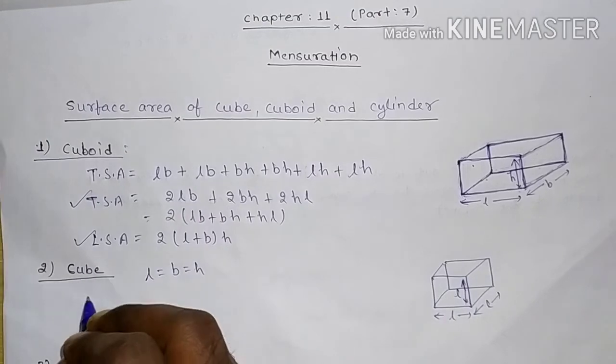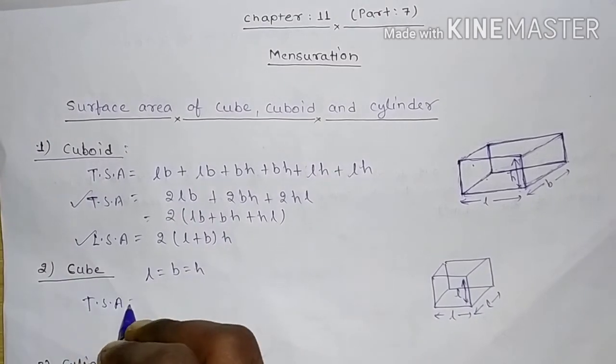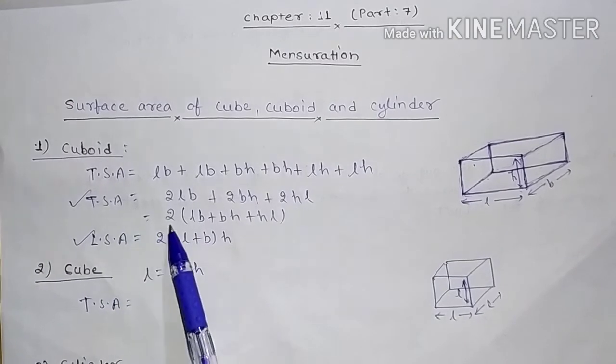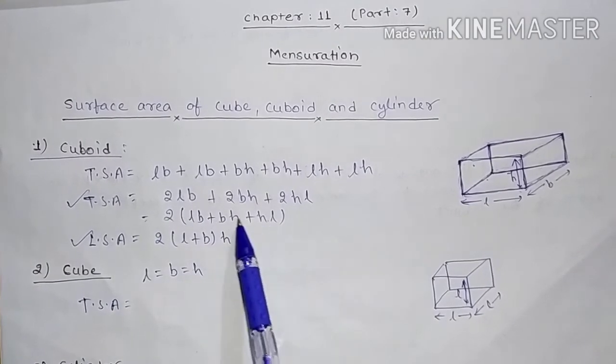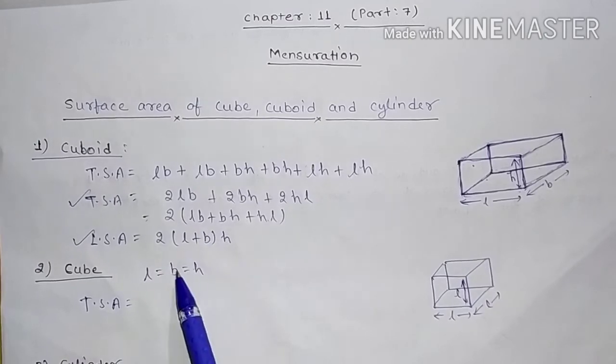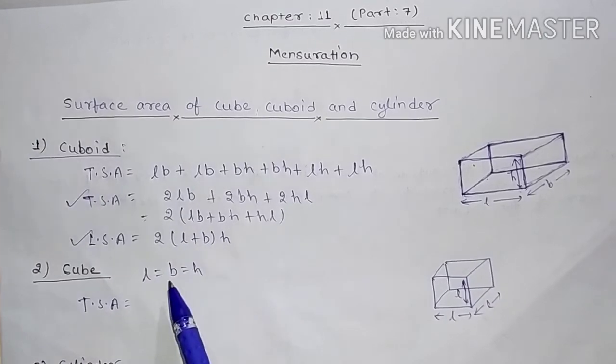Now the total surface area of a cuboid is 2(LB plus BH plus HL), so just put the value of B and H equal to L, because all the edges are equal.